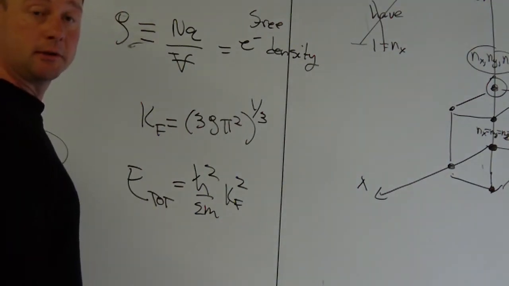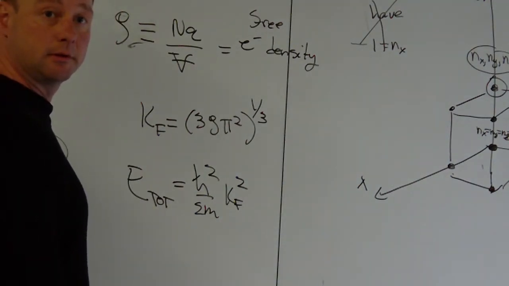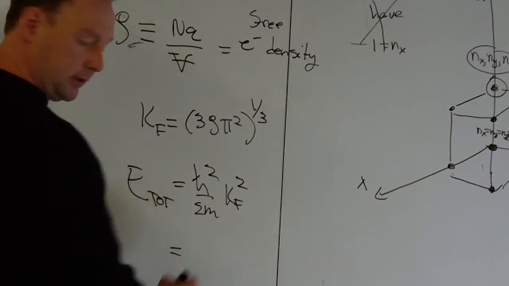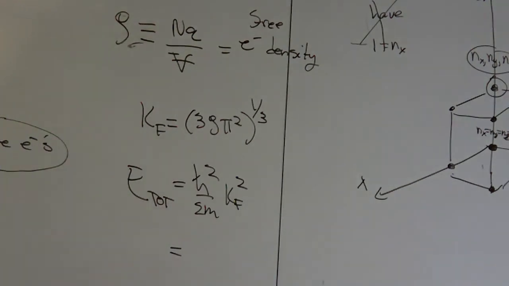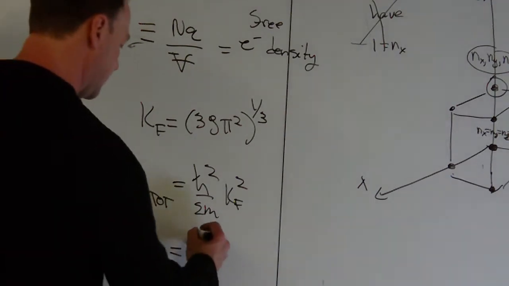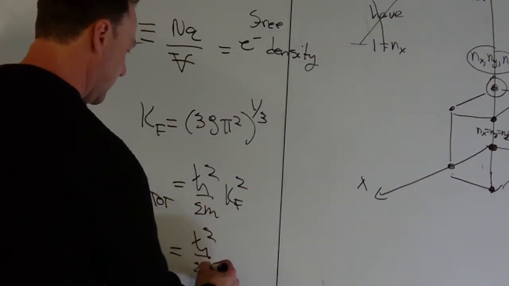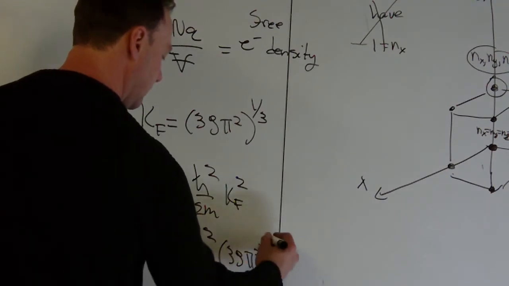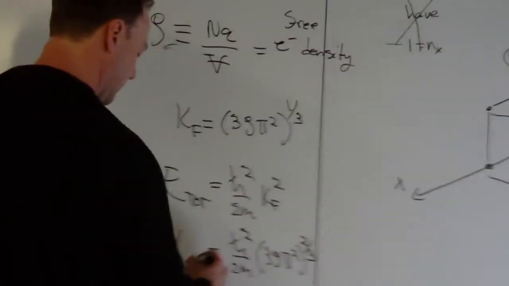So that's the total energy. It equals h bar squared over 2m times k Fermi squared, which is 3 rho pi squared to the 2/3.